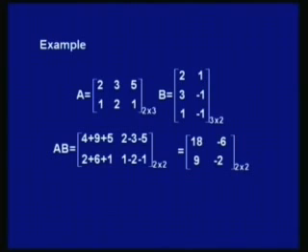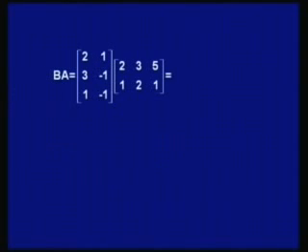In this case, one can also perform the product BA. Why? Because B is of order 3 by 2, A is of order 2 by 3. So this 2 is the same as this 2. So this product is possible, and this can be obtained as the matrix consisting of first row, first column, 4 plus 1.